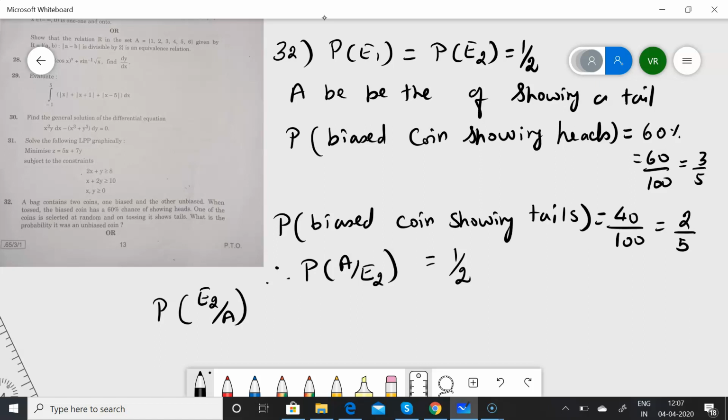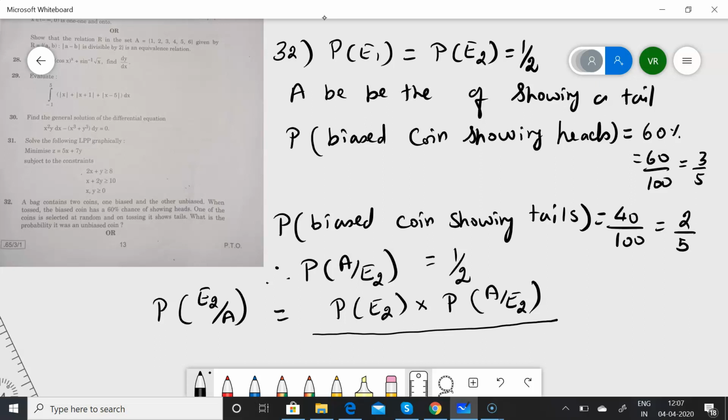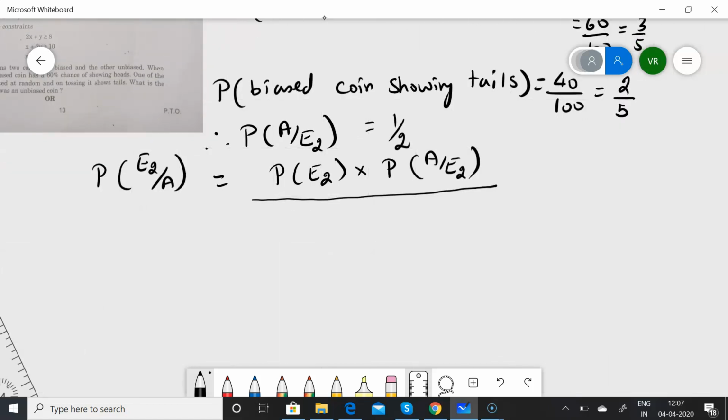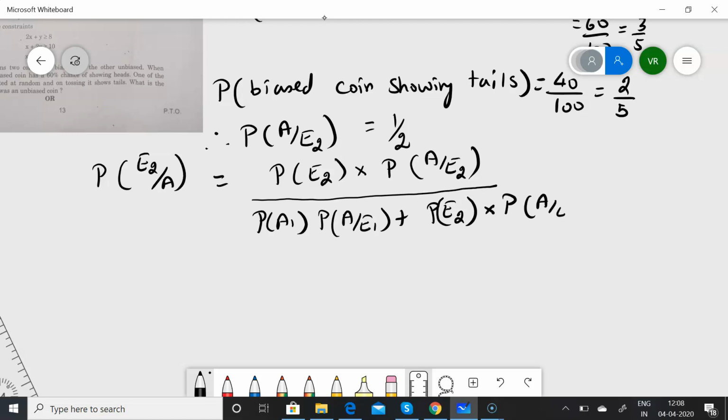Now, by Bayes' theorem, we know P of E2 given A is P of E2 into P of A given E2, divided by P of E1 into P of A given E1, plus P of E2 into P of A given E2.